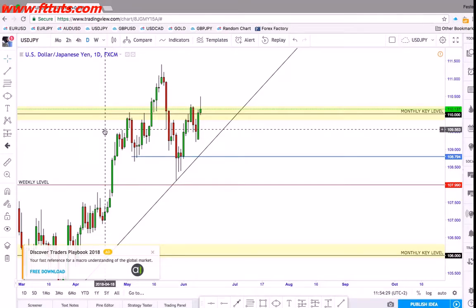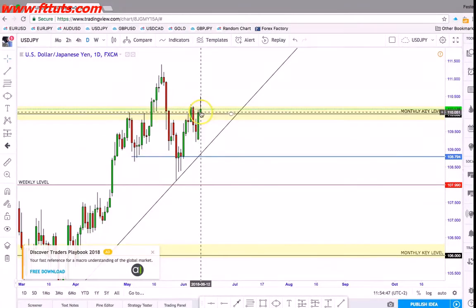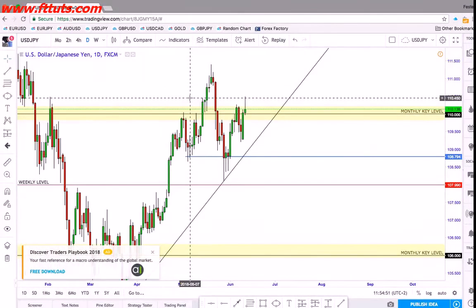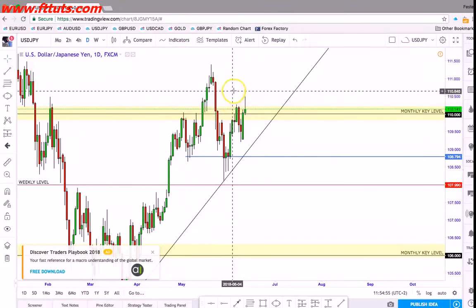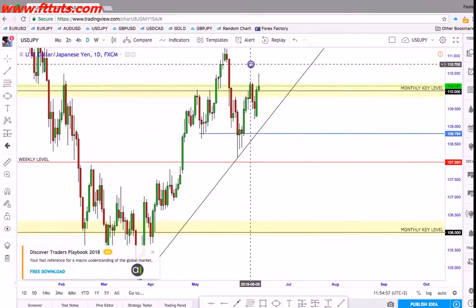But because we have these key levels and we know how to use them, it's an advantage, because for the past week I've been bearish on UJ. But seeing that we broke the monthly key level, which is a strong area, and now the current daily candle looks like it's testing it, my bias, I feel, is now long, right?